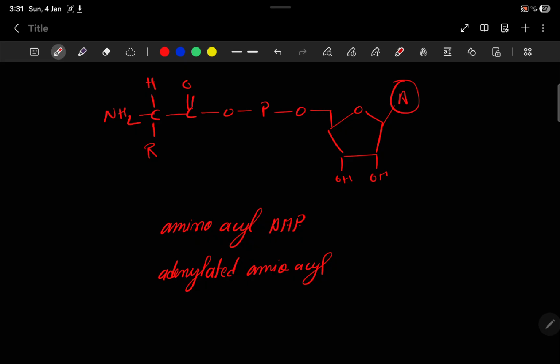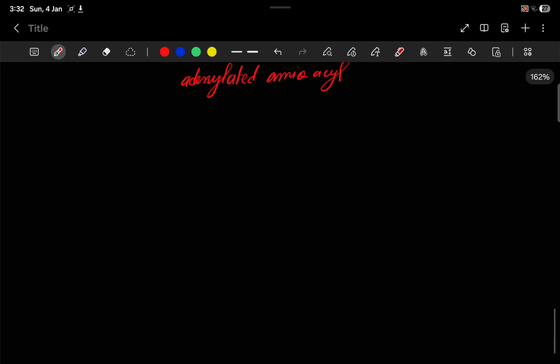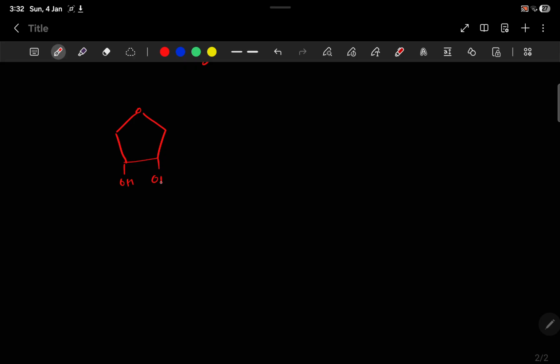The amino acid is now active, and this activated amino acid is quite capable of attacking the tRNA. When we see the structure of tRNA, at the 3' end, the last nucleotide was adenylic acid. So we will draw an adenylic acid. We know this is 1, this is 2, this is 3, this is 4, we got 5, we got O, P, O, and there might be another 3' end.